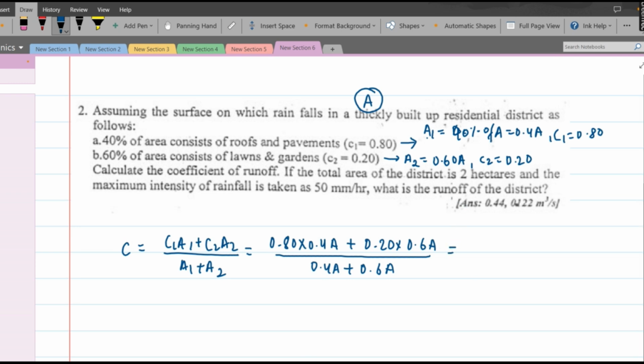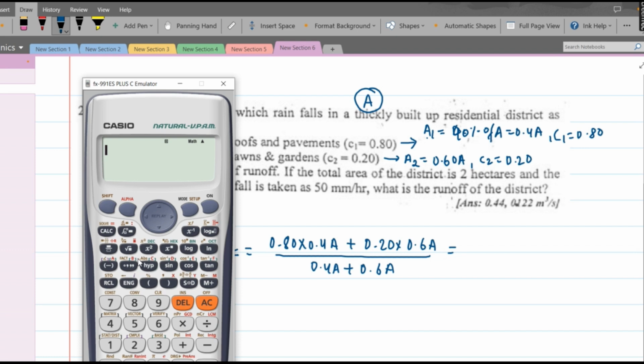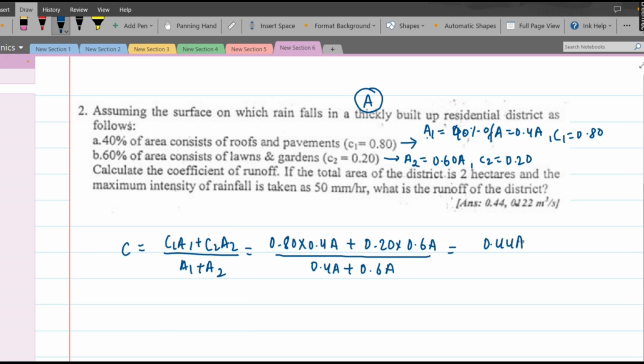Let's calculate this. 0.80 into 0.40 plus 0.20 into 0.6 will be 0.44A. In the denominator it will be 1A, so the A is cancelled, and the answer will be 0.44. So the average coefficient of runoff will be 0.44, right? So here is the answer.